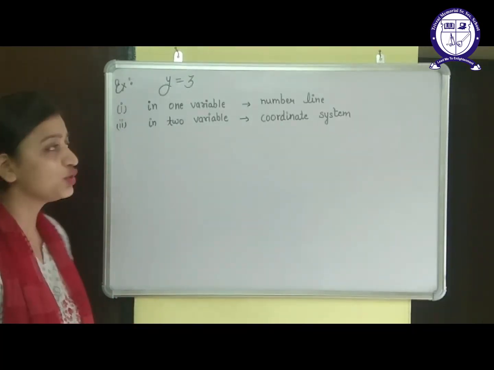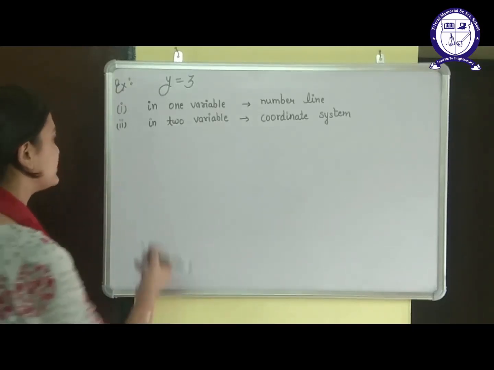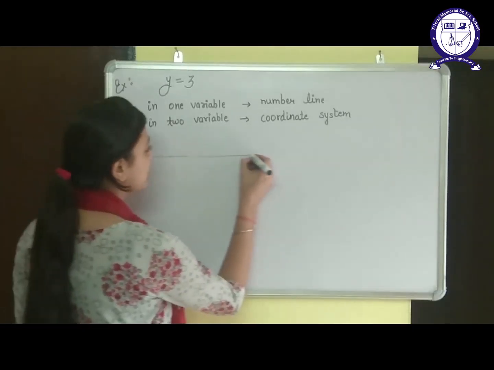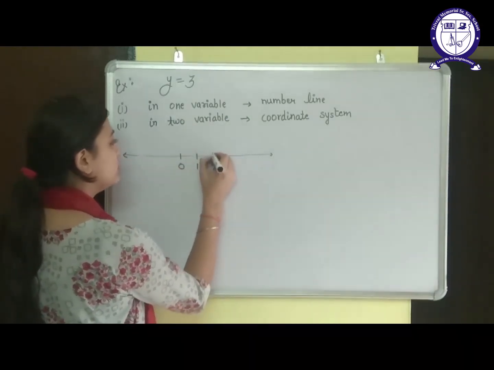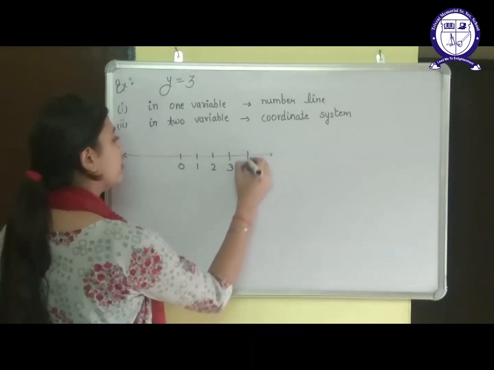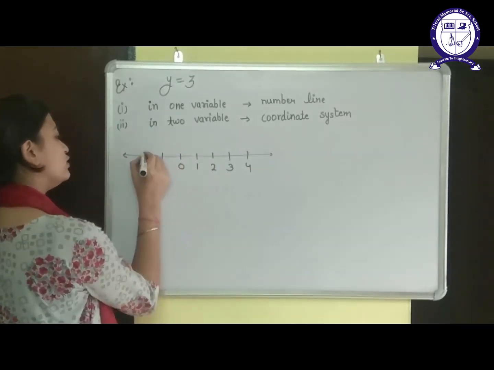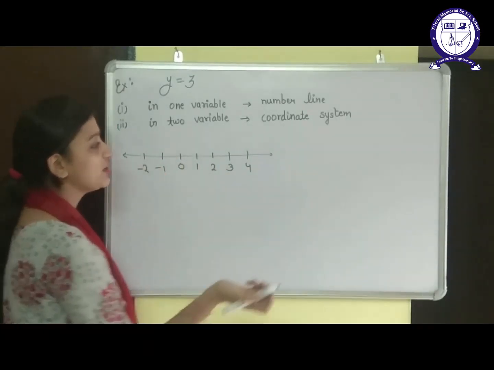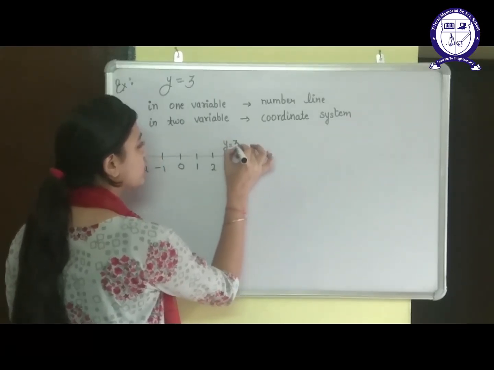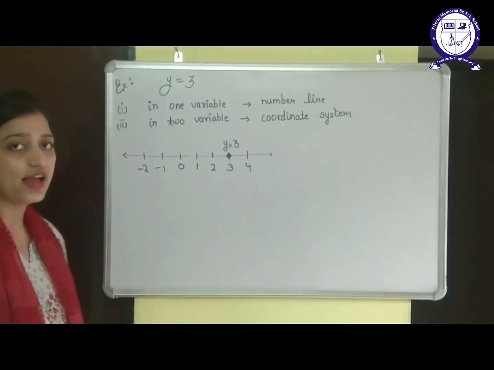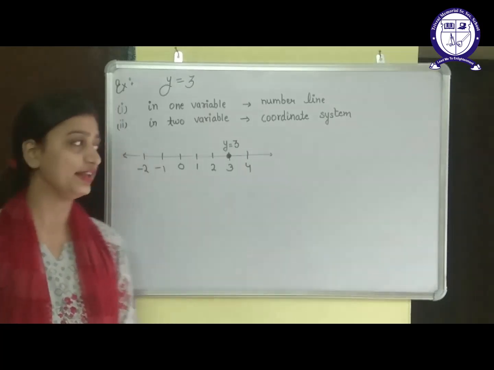So y equals to 3 on the number line is very simple. This is my number line 0, 1, 2, 3, 4. Some negative values you can write. And where is 3? This is my 3. This is my y equals to 3 in one variable.